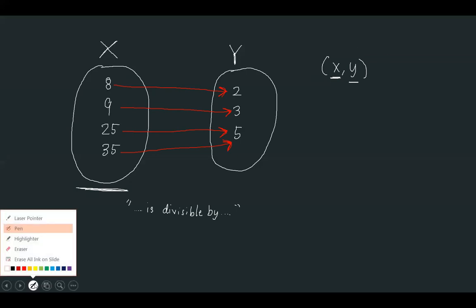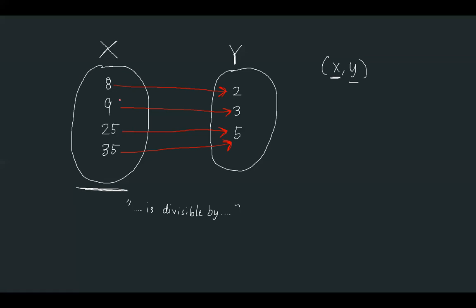Let's start with 8 and 2. We can write it this way: 8, comma, 2. That means 8, the number from set X, is the one matching, and this number 2 is the one matched by the number 8.